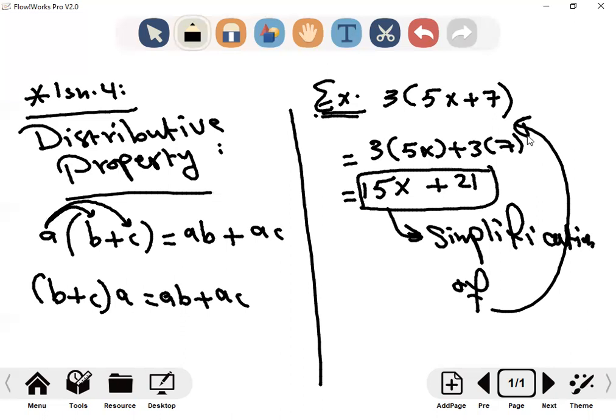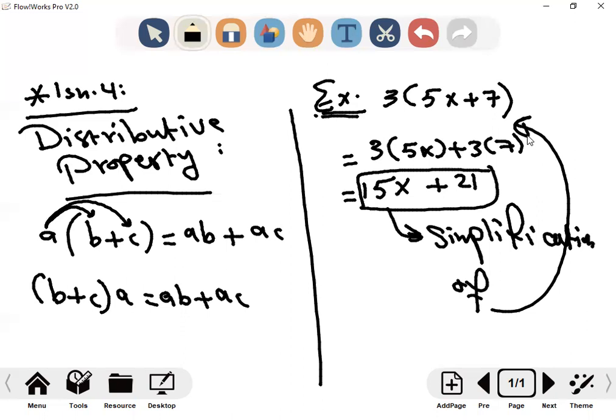Why? We call them unlike terms. This one has x and this one doesn't have x. How do you add them? Got it? Focus with me. If you have 3 books and 5 pencils and I ask you what you have, what will you tell me?